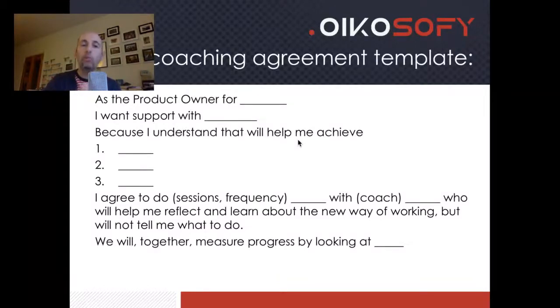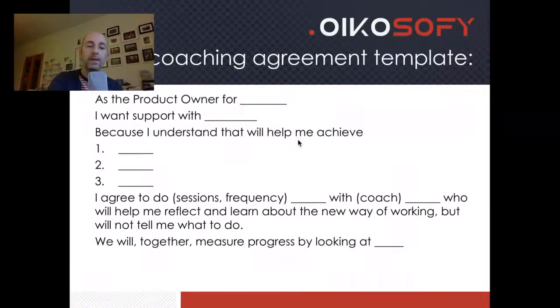I want support with, and then you write together the definition of the problem. Like, what is the problem that we are solving, or what is the goal we want to achieve? And then we write 3 reasons why the product owner wants that support, because I understand that the support will help me achieve personal goals, product goals, collaboration goals, whatever are the priority goals for your coaching engagement with the product owner.